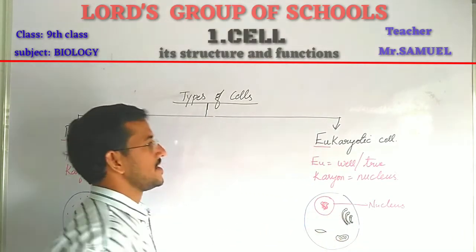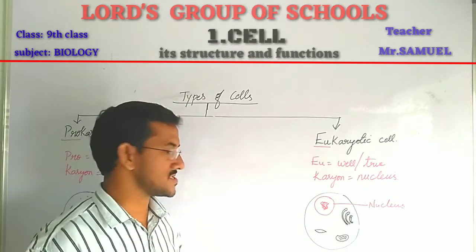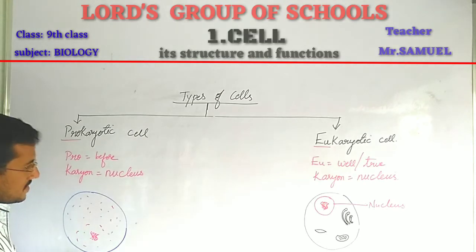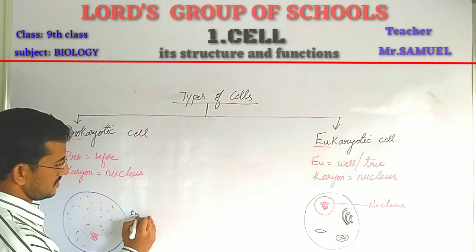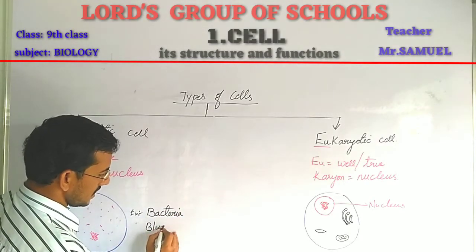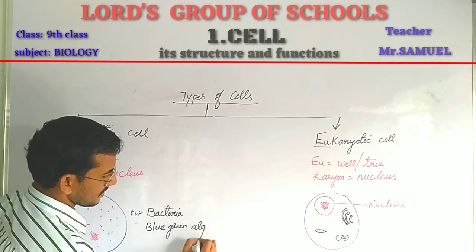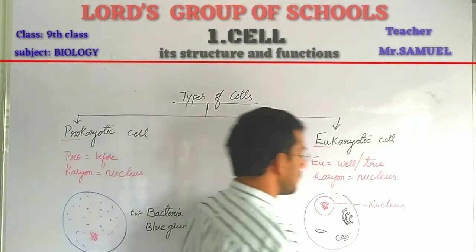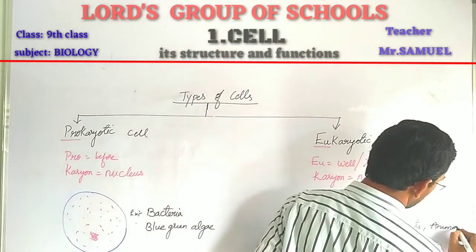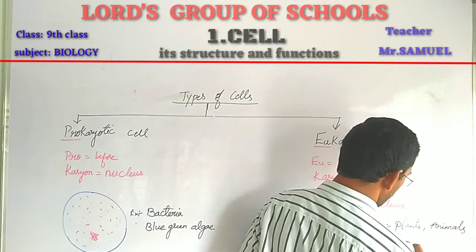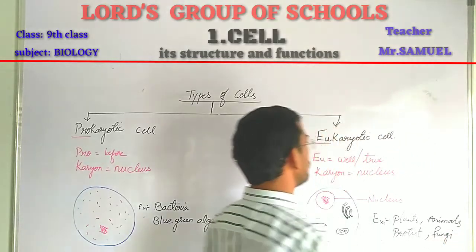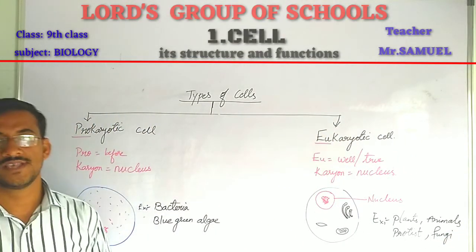So all these are membrane bound structures. Here examples are bacteria and blue-green algae. Here examples are plants, animals, then protists, fungi. So these are all examples of eukaryotic cell.